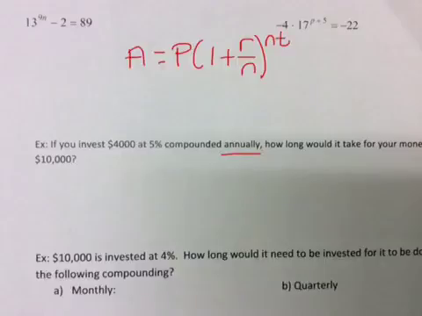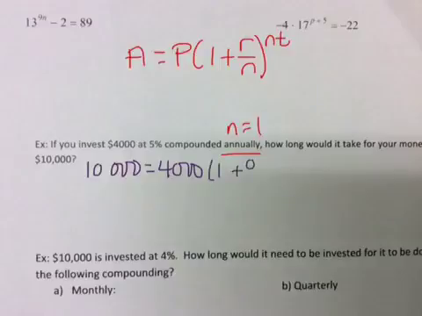Where it says annually, that means our n equals 1. All right, so we are going to have 10 grand. So that's my future value. So 10,000 equals 4,000 times 1 plus 0.05 over 1 to the power of 1 times t.